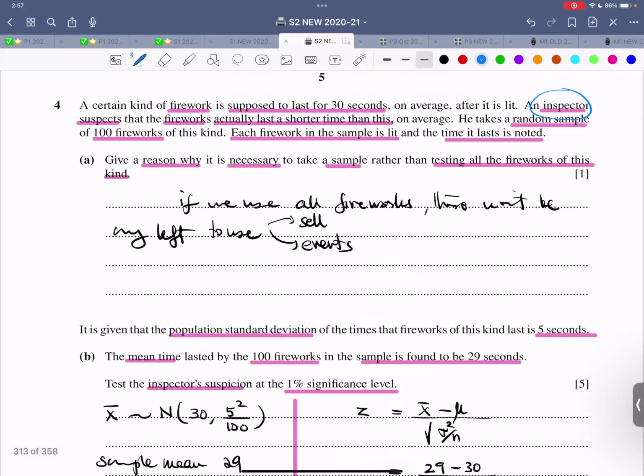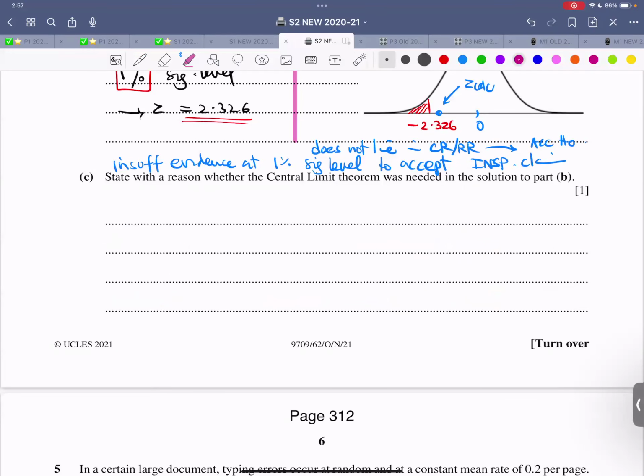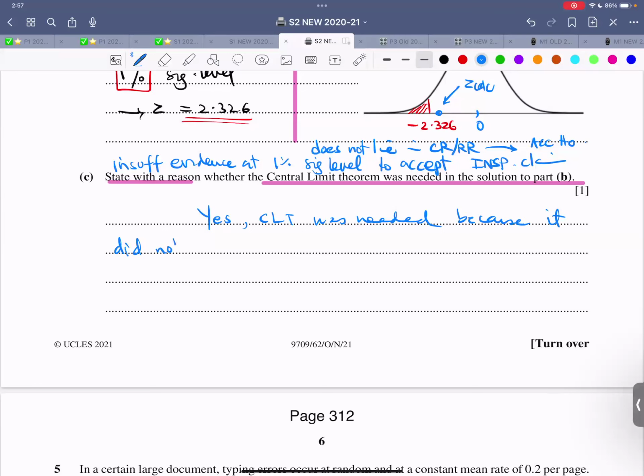Now, did it say in the question that it follows a normal distribution, or did we just take it for granted? That is what the last part is all about. State with a reason whether CLT was needed. Yes, CLT was needed, because the question did not state that it was following a normal distribution.